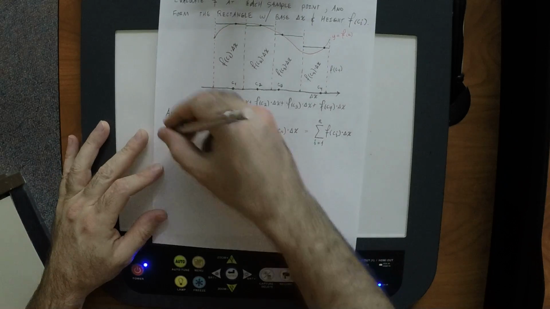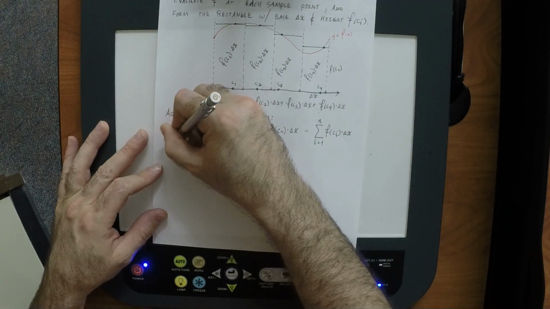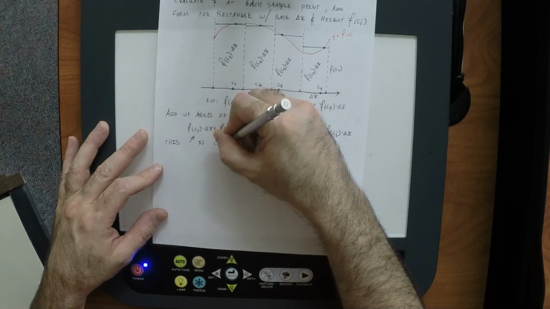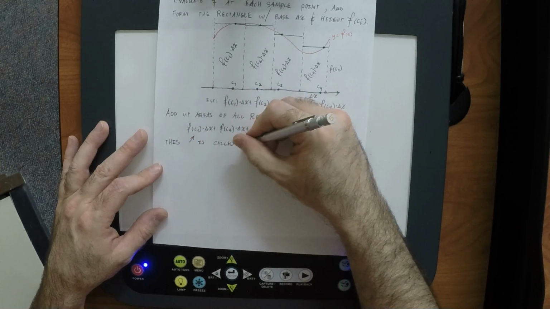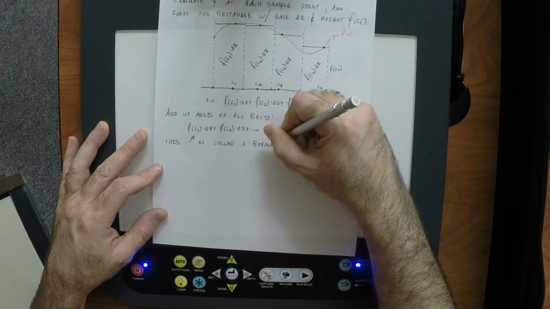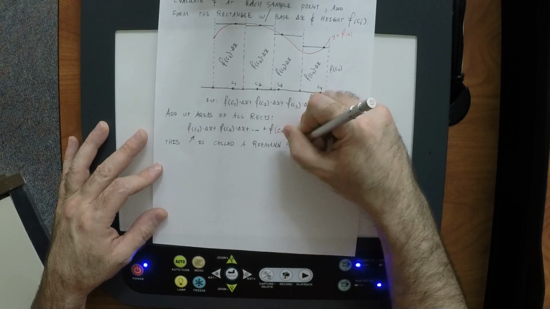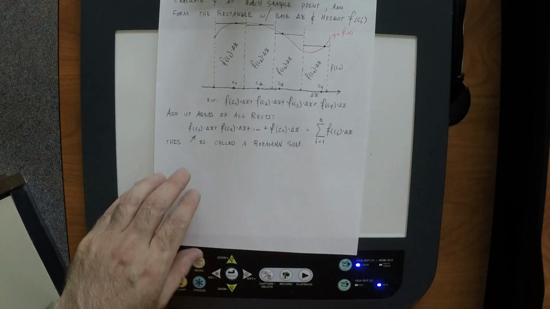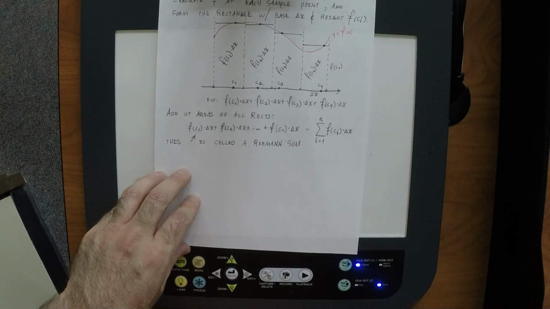This is called a Riemann sum. Not that we'll really talk about that much in our class, but at any rate, Riemann is the last name of a famous dead mathematician called Bernhard Riemann, because mathematicians are always naming stuff after people. Is called a Riemann sum.